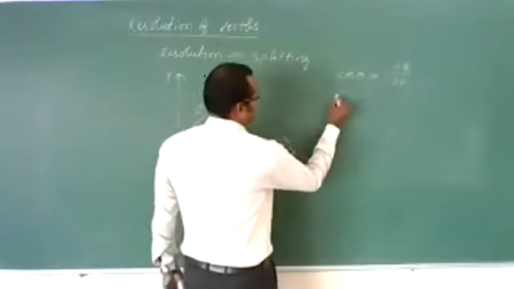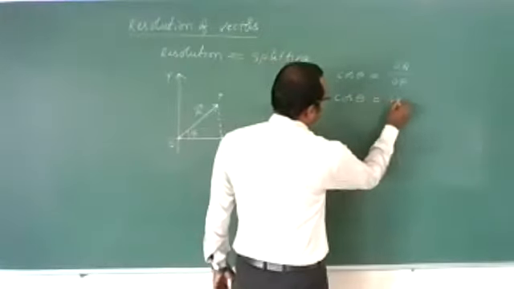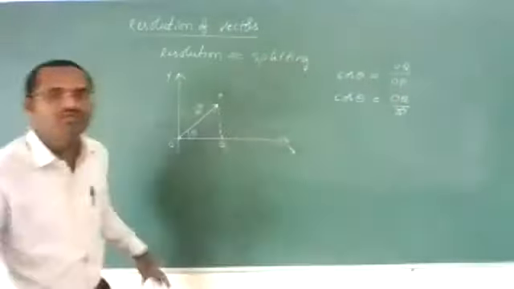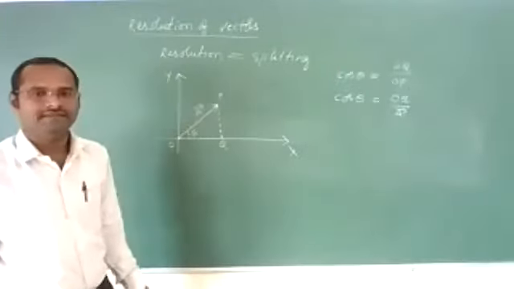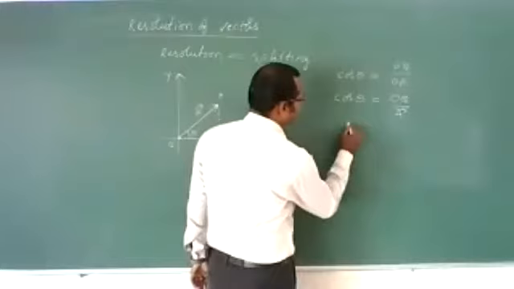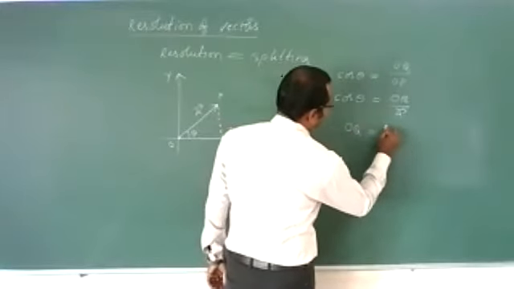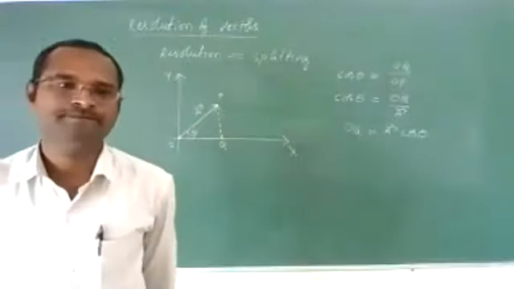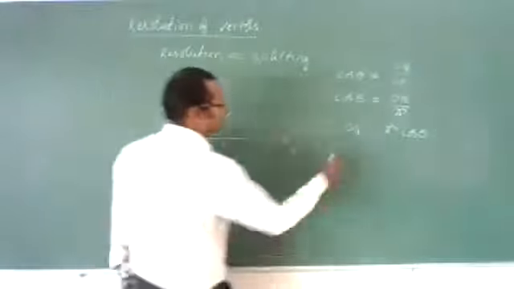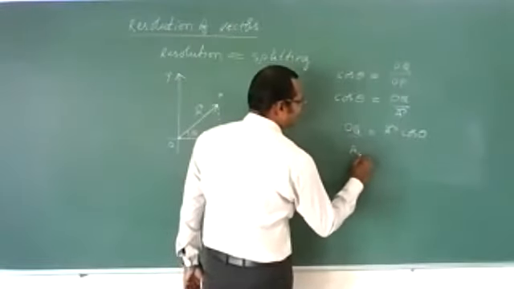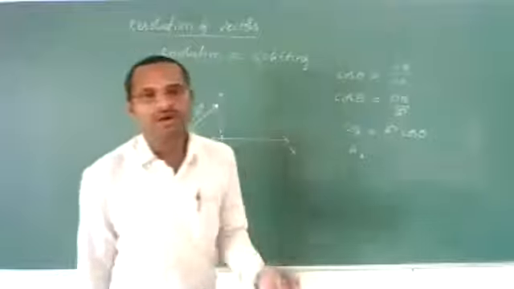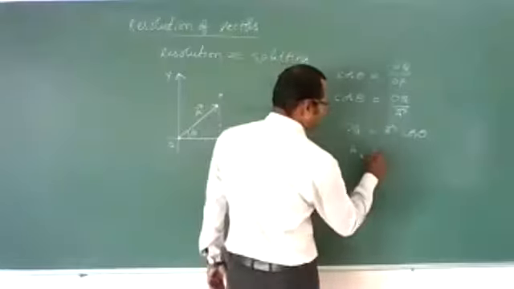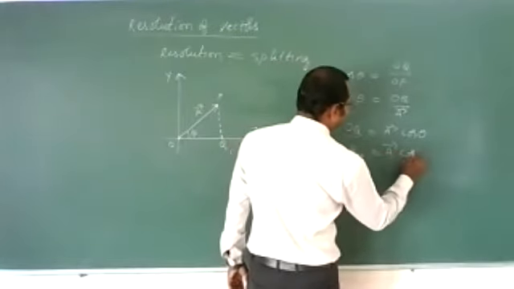So cos theta can be written as OQ upon OP, which is the known vector A bar. Now cross multiply, you will get OQ is equal to A bar cos theta. This OQ I call AX, is equal to A bar cos theta.